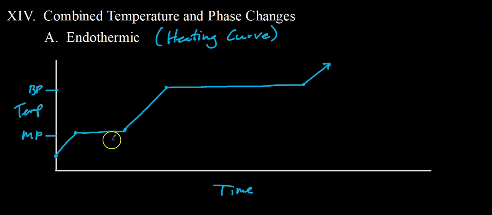Here, where the temperature is not changing, where it's melting, and here, where the substance is boiling, those involve a change in potential energy. So we can use heat of fusion if the substance is melting. We could use heat of vaporization if the substance is boiling. So this graph can help you stay organized with what we're going to do next.